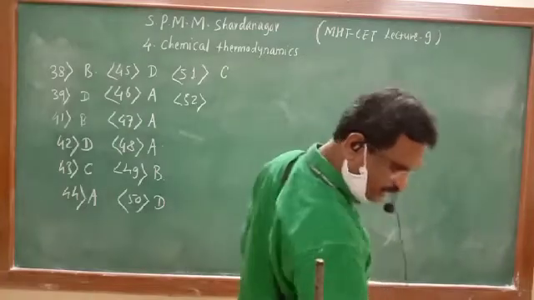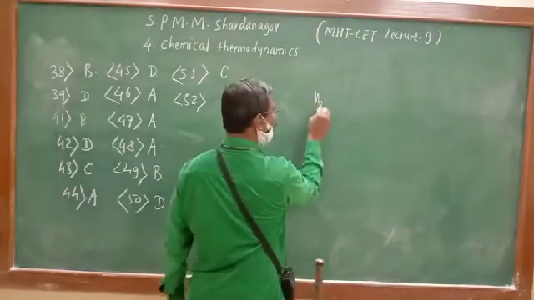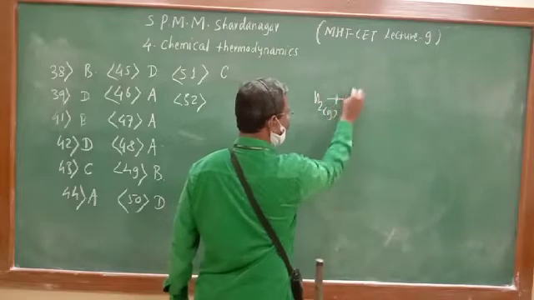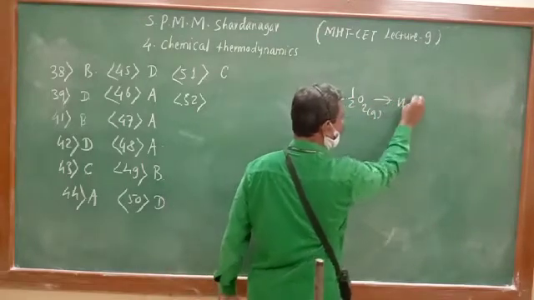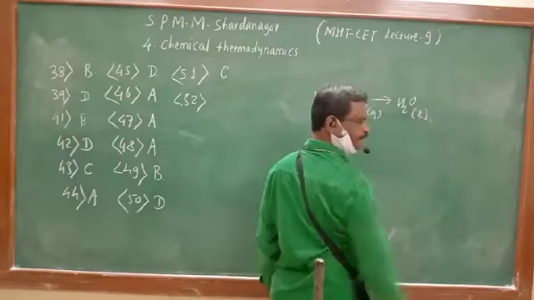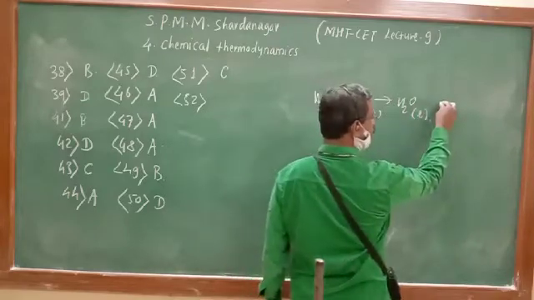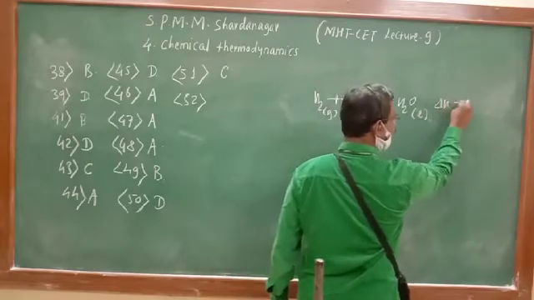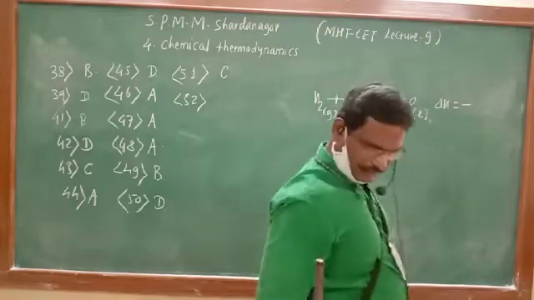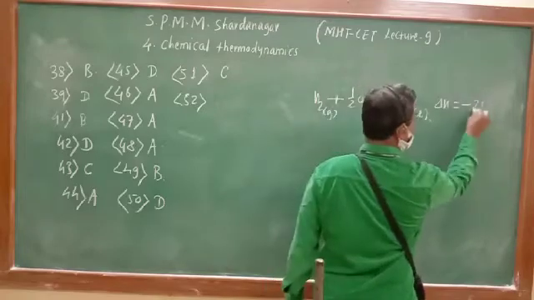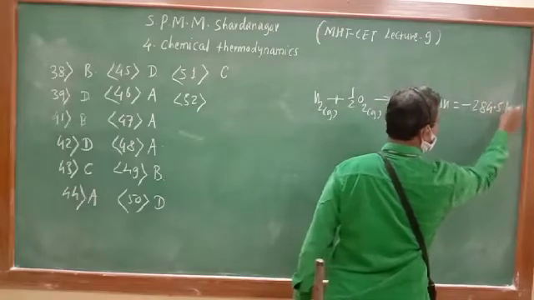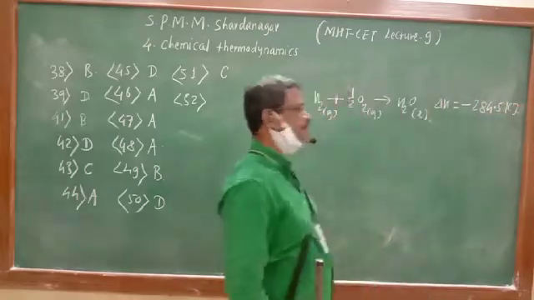The reaction given is H2 gas plus half O2 gas giving H2O liquid. For this reaction, delta H will be minus 284.5 kilojoule per mole.